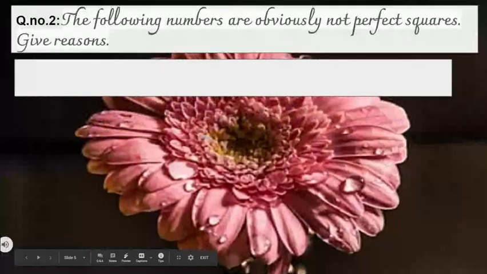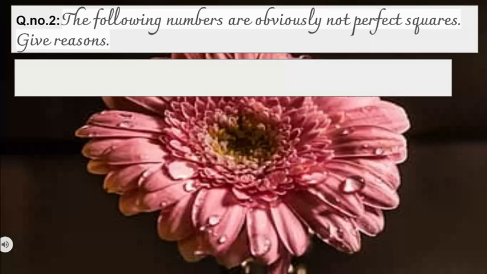Now, question number 2. The following numbers are obviously not perfect squares. Give reasons. Okay, we know that they are not perfect squares, isn't it? We just give the reason why they are not perfect squares. So, before solving the question, we can see the first property.